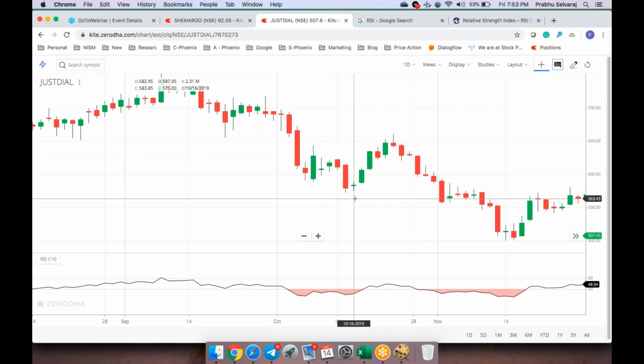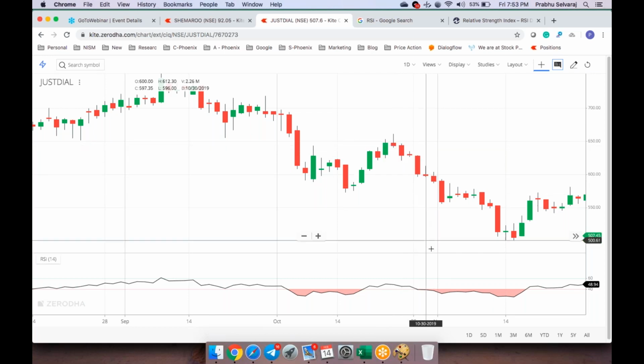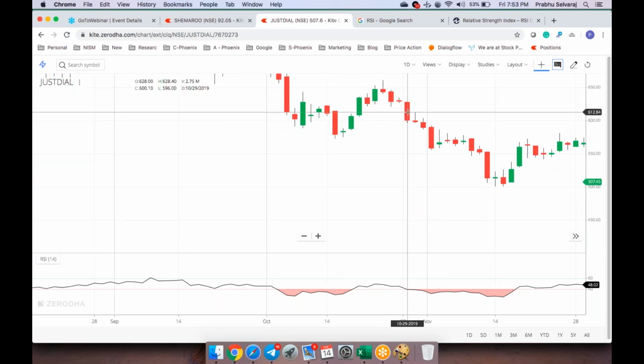If you have taken an entry based on RSI crossing 40, you have to book profits when you see a reversal pattern, but you should not be shorting. No new entry when the RSI is between 40 and 60. The rule still applies. But again, when the RSI crosses 40 in this candle, you can make a shorting opportunity.